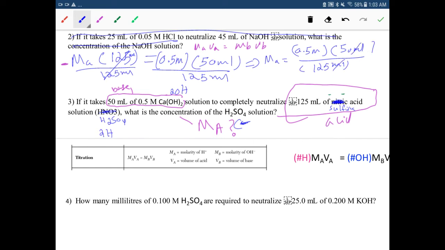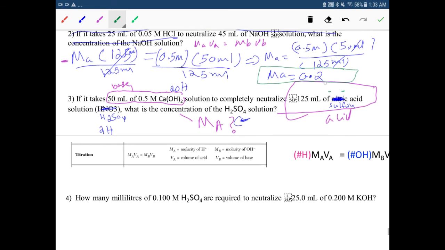The ml units cancel out, and then when you do the calculation in your calculator, 0.5 times 50 divided by 125, you get MA equals 0.2. But 0.2 what? Remember, you need to put the units. MA is concentration, so it's going to be molar, and that's it.